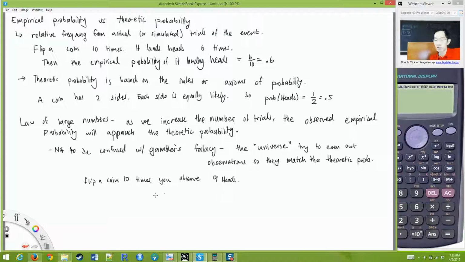Okay, so I'll just write that. So gambler's fallacy: tails will show up more often to balance this out. Okay, but what really happens? Okay, the law of large numbers does state something kind of similar in that as we do more and more trials, this number, the relative frequency, should approach the theoretic probability.